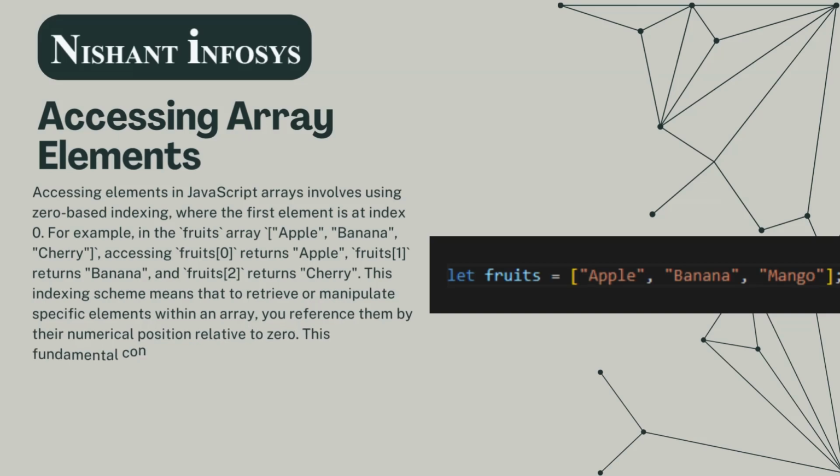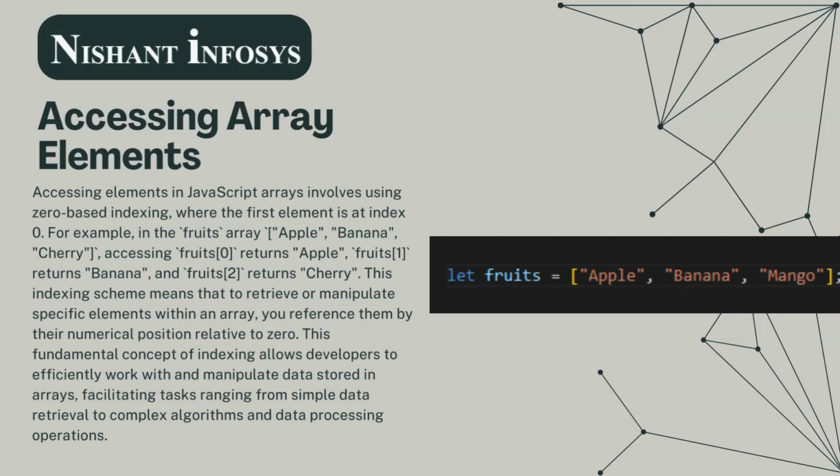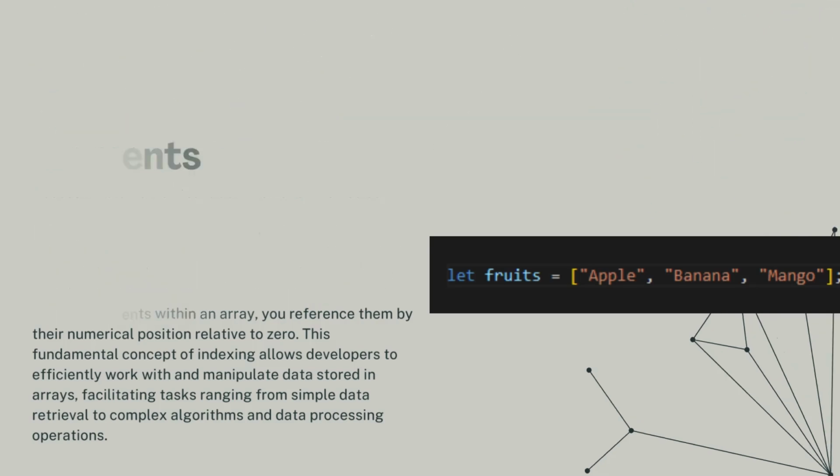This indexing scheme means that to retrieve or manipulate specific elements within an array, you reference them by their numerical position relative to 0. This fundamental concept of indexing allows developers to efficiently work with and manipulate data stored in arrays, facilitating tasks ranging from simple data retrieval to complex algorithms and data processing operations.